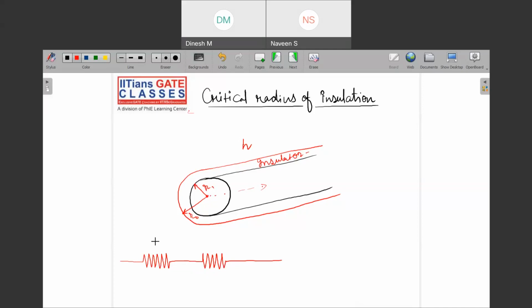One is due to the insulator, and we have seen this is ln(R0/Ri) divided by 2πK. And what is K here? K is the insulator's thermal conductivity. Then there is one atmospheric resistance, which I can write as 1 upon hA.